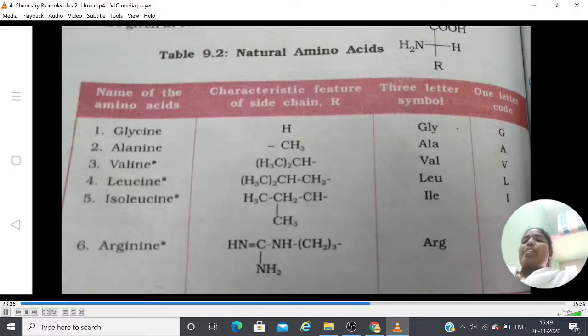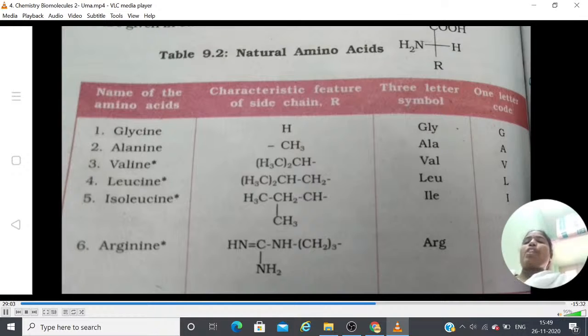Next, leucine. In this structure, a CH2 group is added to the valine amino acid. So this is leucine. Shortly we give it LEU, and the code is L. Next, isoleucine.